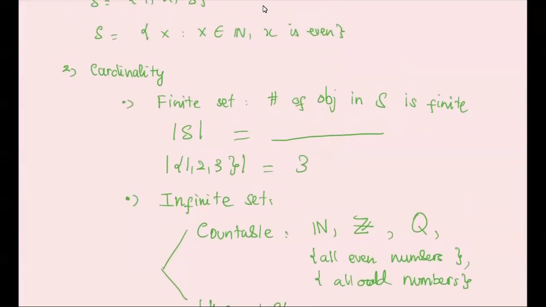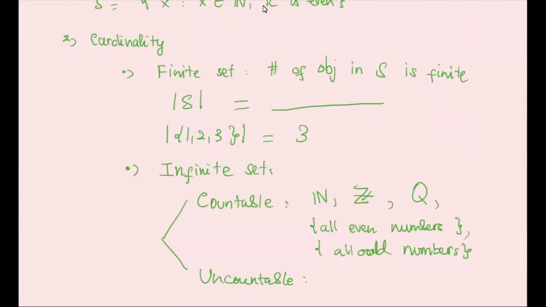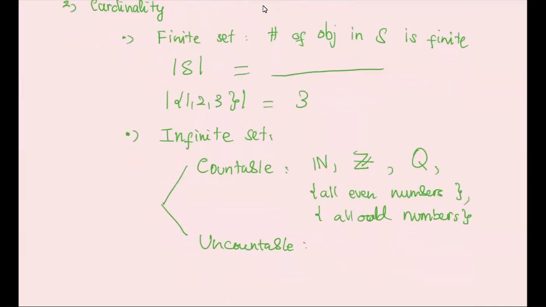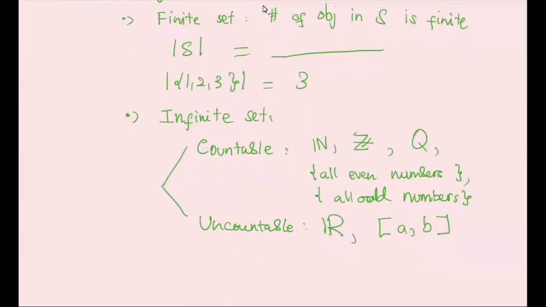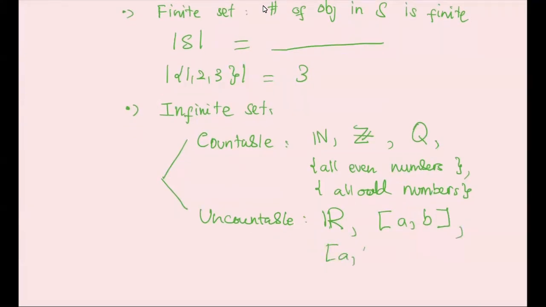There are formal way to actually test whether a set is countable or not countable. However, we will not emphasize that in this course. We just need you to know those common sets are infinite but countable set. So which set is infinite but uncountable? Is a set of all real number, or when you have some interval, closed interval, half closed interval, or an open interval.